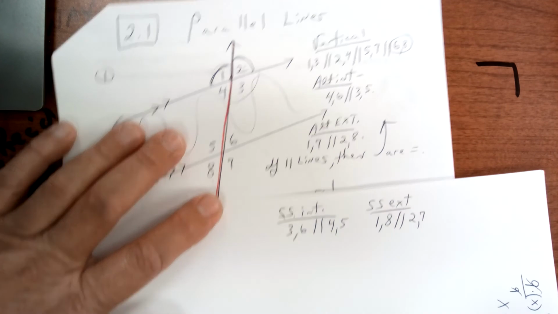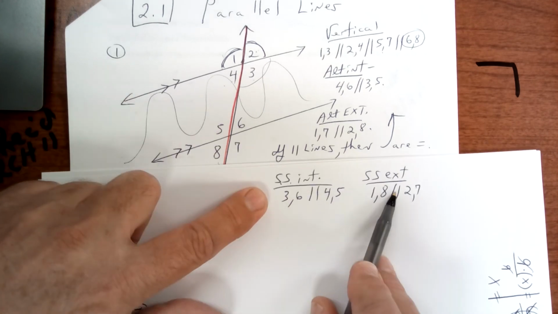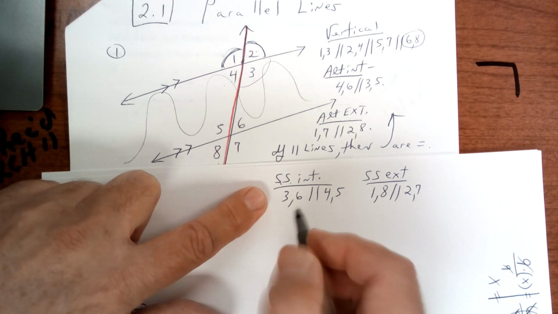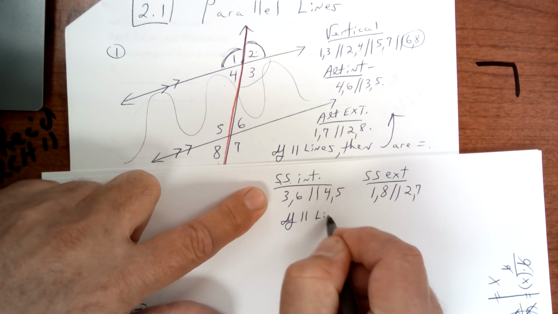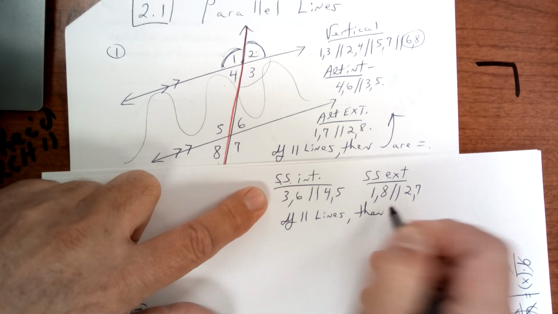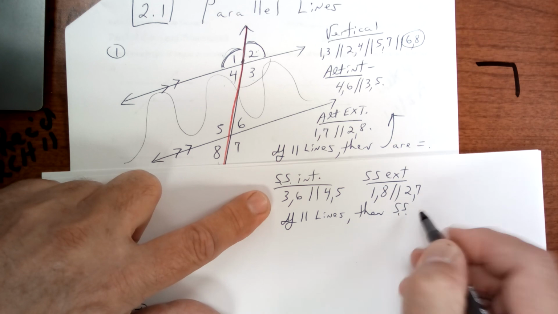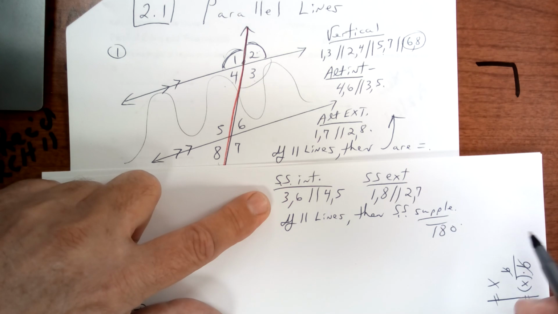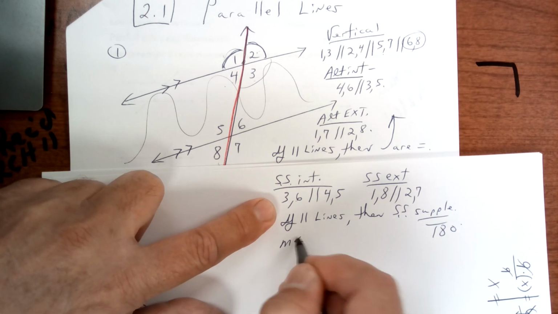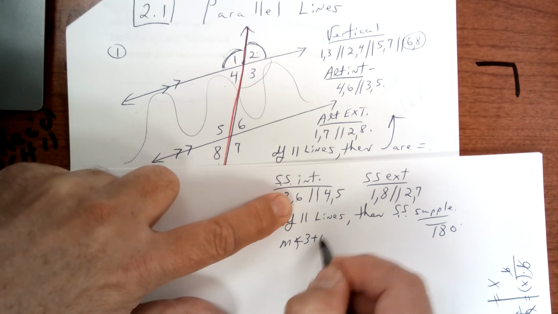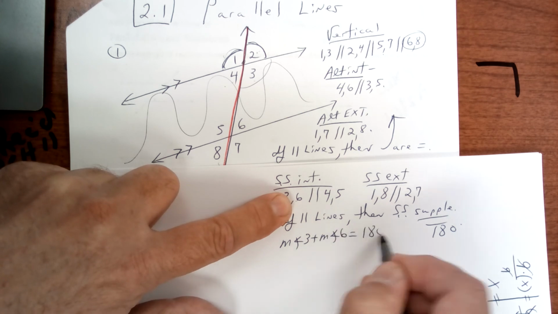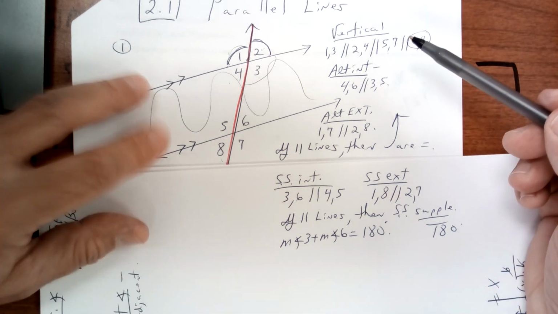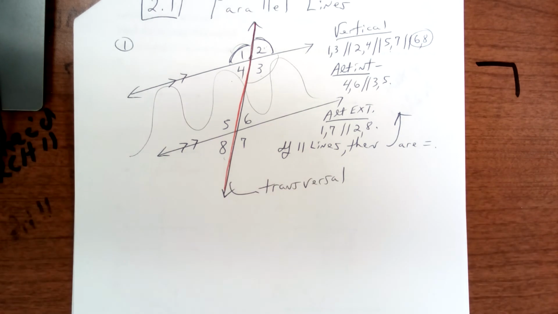Now, on these other ones here, the exterior, if it says same side, SS, if parallel lines, then SS are supplementary. They're not equal, but they add up to 180, Superman. Okay? So you would say the measure of angle 3 plus the measure of angle 6 would equal 180 degrees. And that's different than these upper ones. And that's only if the lines are parallel. All right, last thing I want to tell you is this. So look up here and watch.